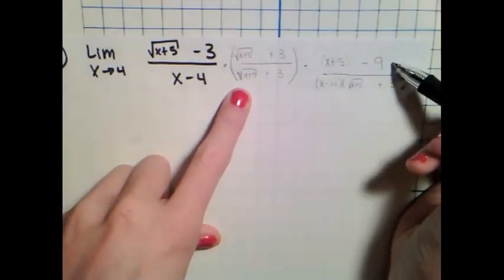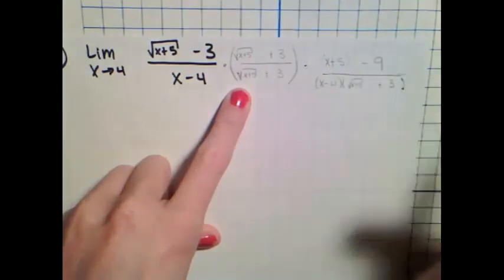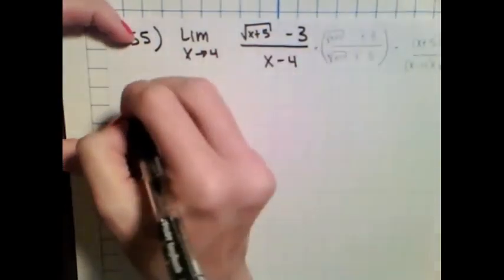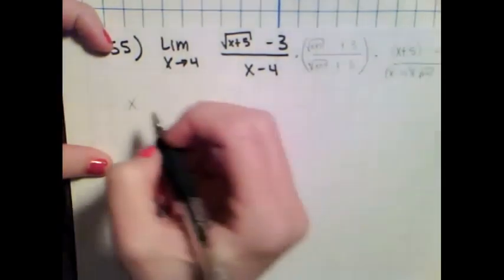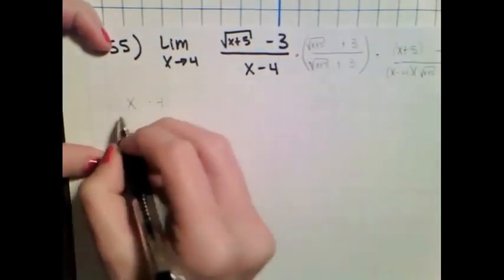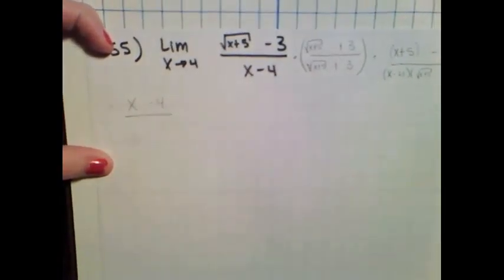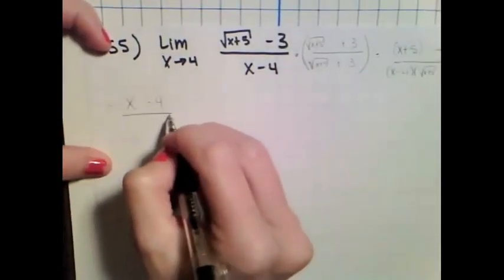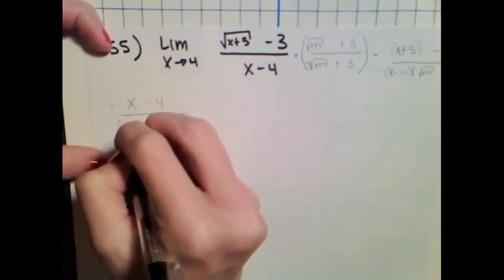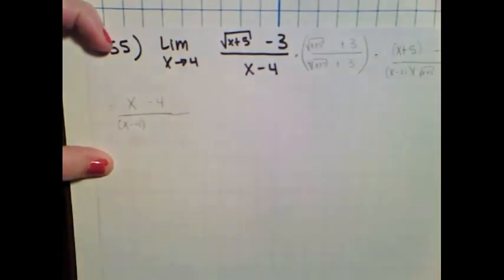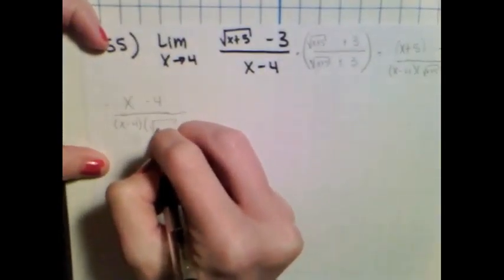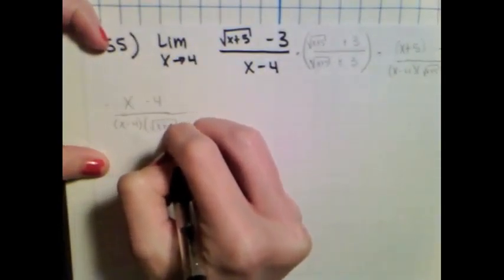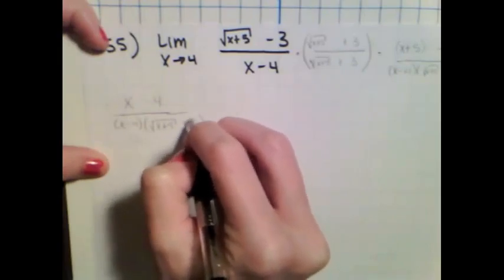Now, I need to simplify my constants in the numerator. That's going to leave me with a negative 4, so x minus 4 in the numerator. In the denominator, I have the x minus 4 times square root of x plus 5 plus 3.